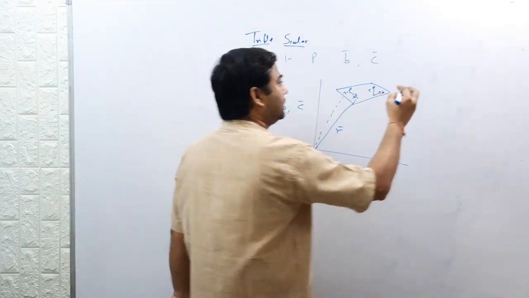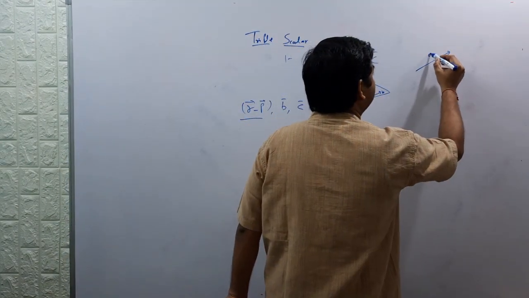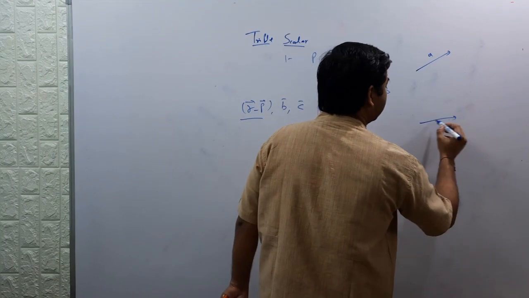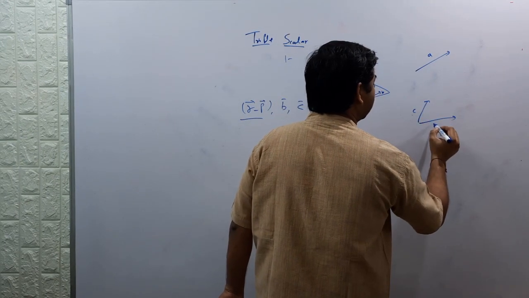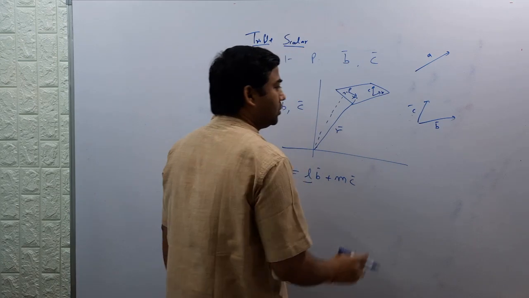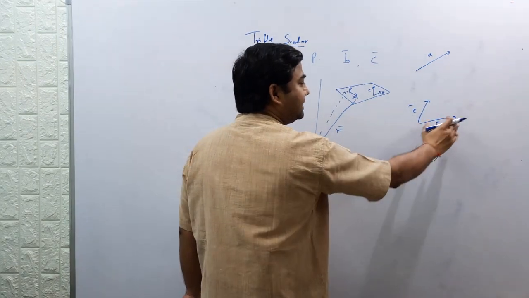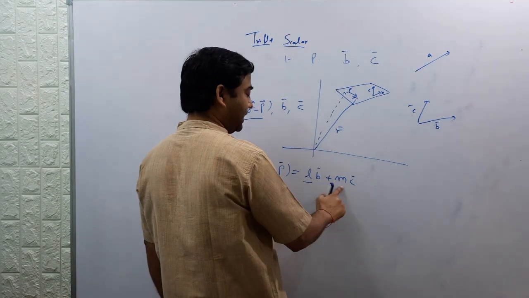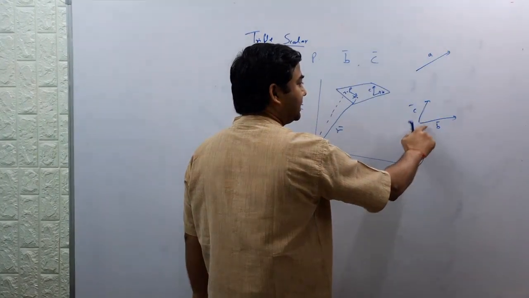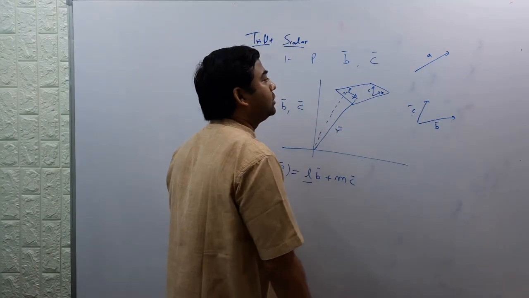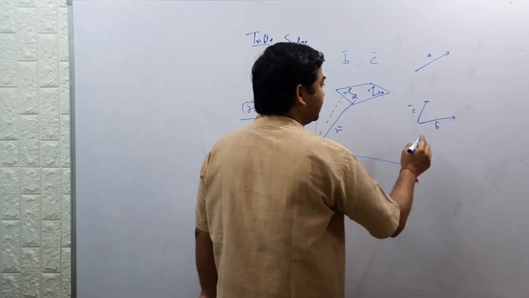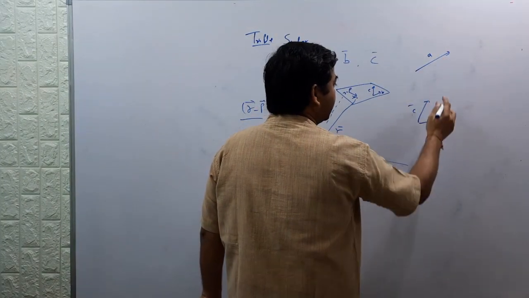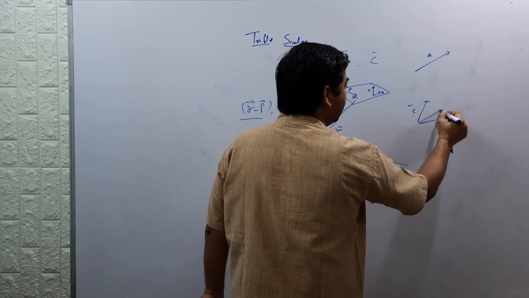Imagine this is vector A, and there are two vectors B and C. By suitably adjusting their lengths, multiplying B and C by coefficients L and M, their resultant can be equated with vector A.